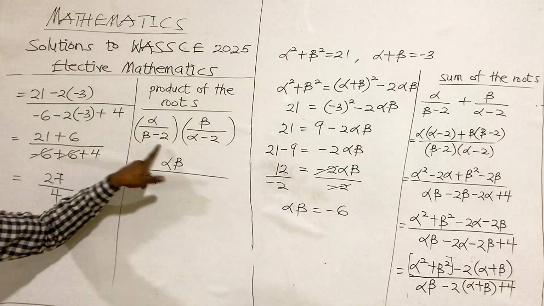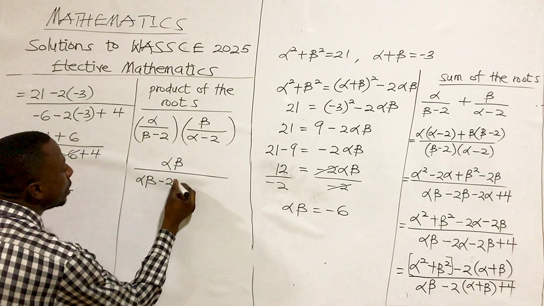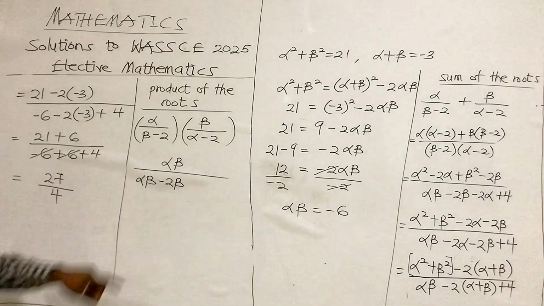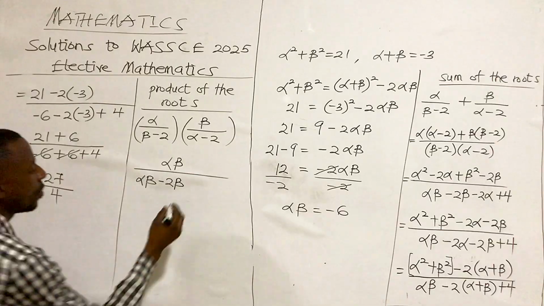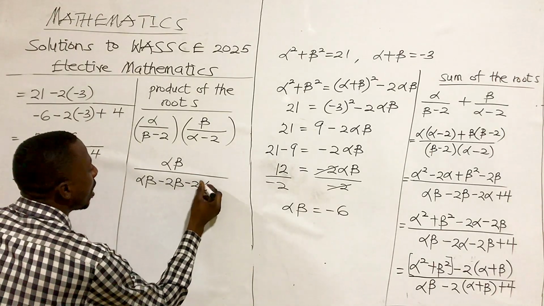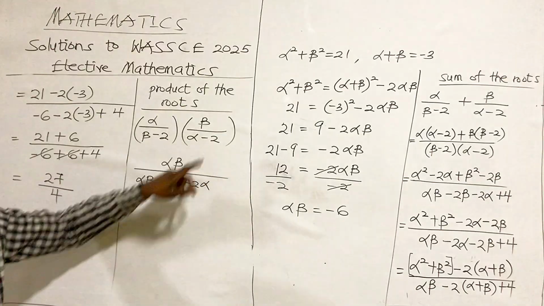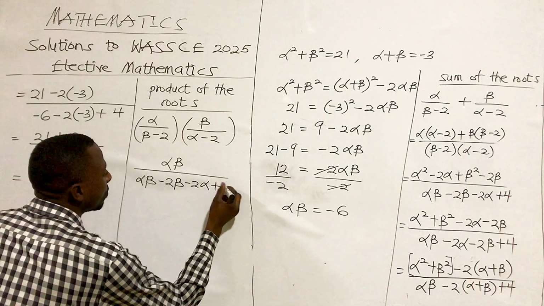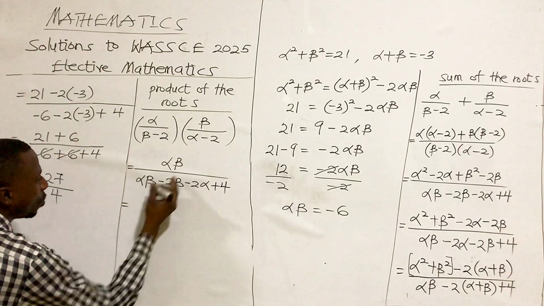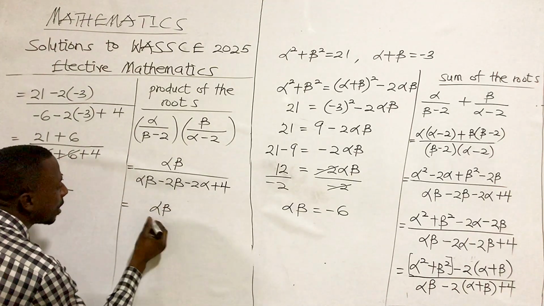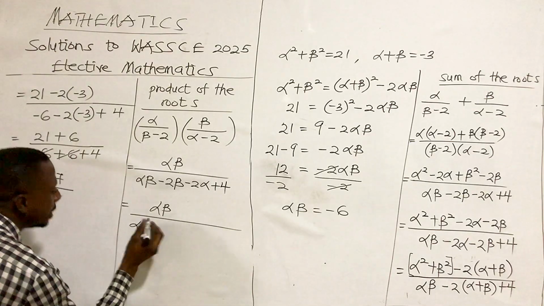Beta times negative 2, we have minus 2 beta. Then negative 2 times alpha, we have minus 2 alpha. Then negative 2 times negative 2, we have positive 4. So we have alpha beta all over another alpha beta.